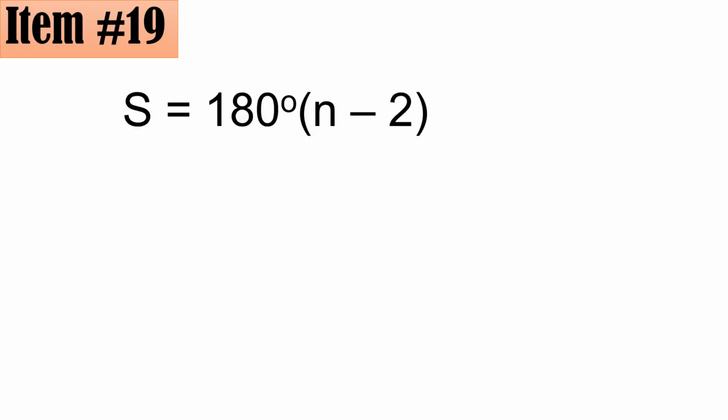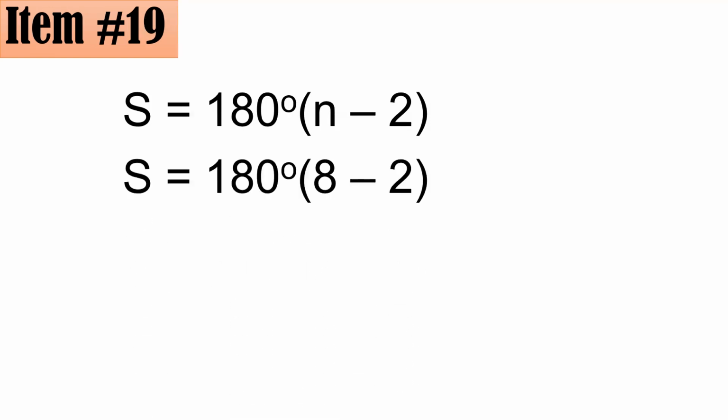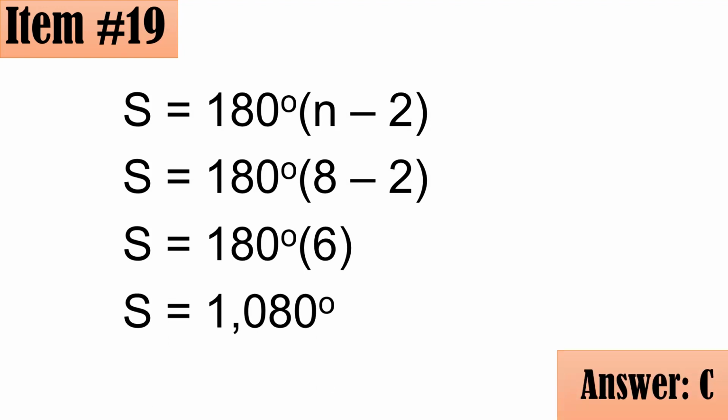S equals 180 degrees times n minus 2, where n is the number of sides of your polygon, and S is the sum of all interior angles. So dahil ang octagon ay mayroong 8 sides, so I substituted n with 8. So 180 times 6, that's 1080 degrees, letter C. I believe maraming nakakuha nito. Congratulations.